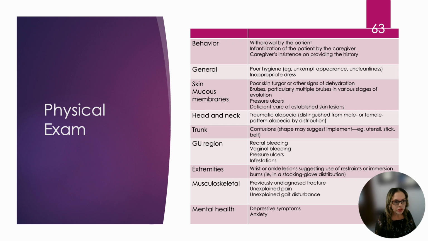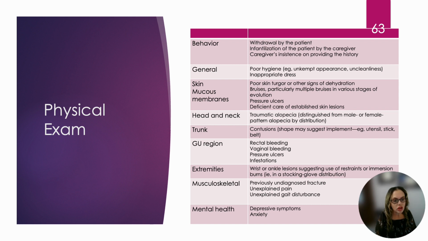Physical exam findings, some of which we've talked about. The patient may be appearing withdrawn. There may be evidence that they're unkempt, that there's damage to the inside of the mouth, there are pressure ulcers that show neglect. There may be traumatic alopecia where the hair has been pulled and ripped off the scalp.